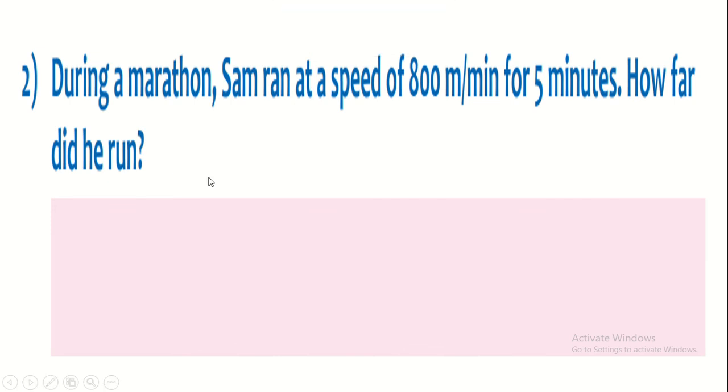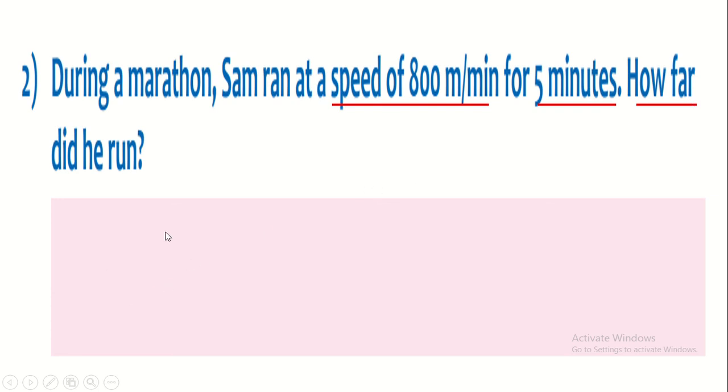During a marathon, it's like running. You have here speed, and then 5 minutes for the time. How far? The far is like the distance. Speed, time, and then we're looking for the distance. The same as number 1.